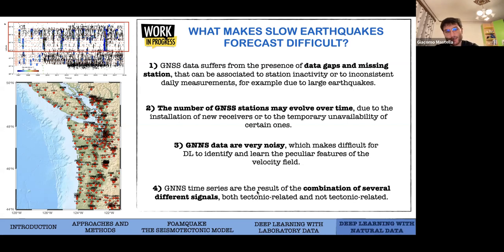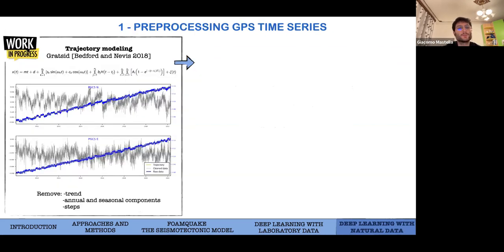So if you would like to forecast slow earthquakes, the first thing to do is to try to isolate the slow earthquake signal from a geodetic time series.